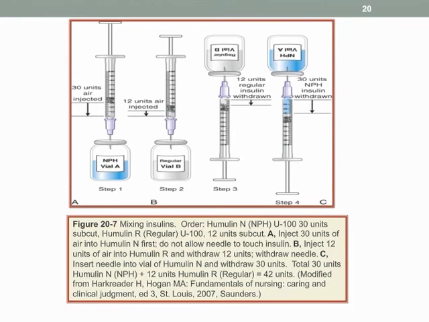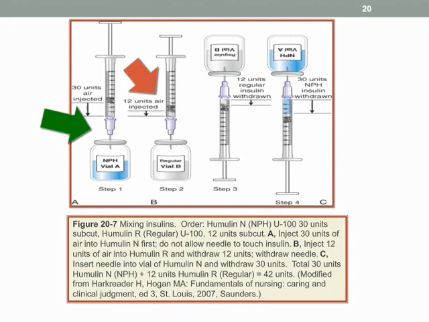Cleanse the tops of both of your vials with alcohol. Now, inject air equal to the dose of your cloudy insulin into that vial first. Then you remove the needle from that vial. Using the same needle and syringe, inject air into your clear insulin, which is your regular.